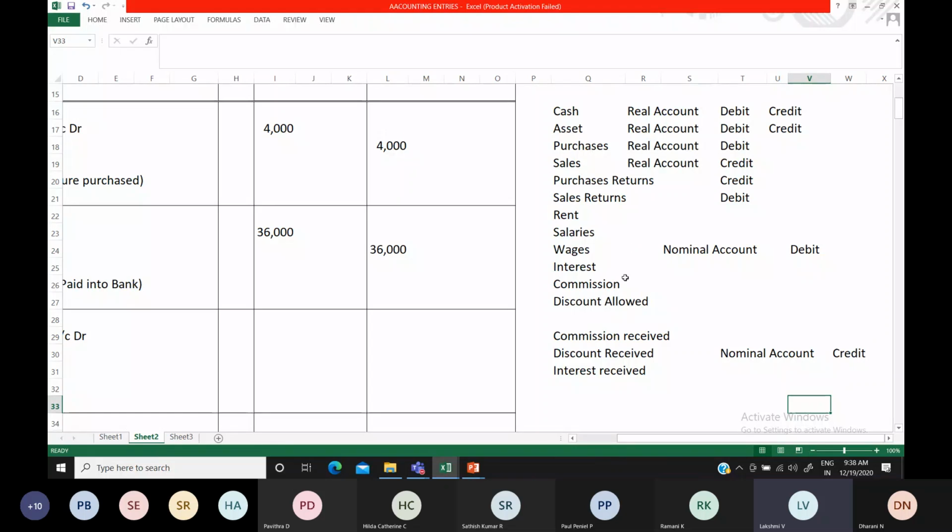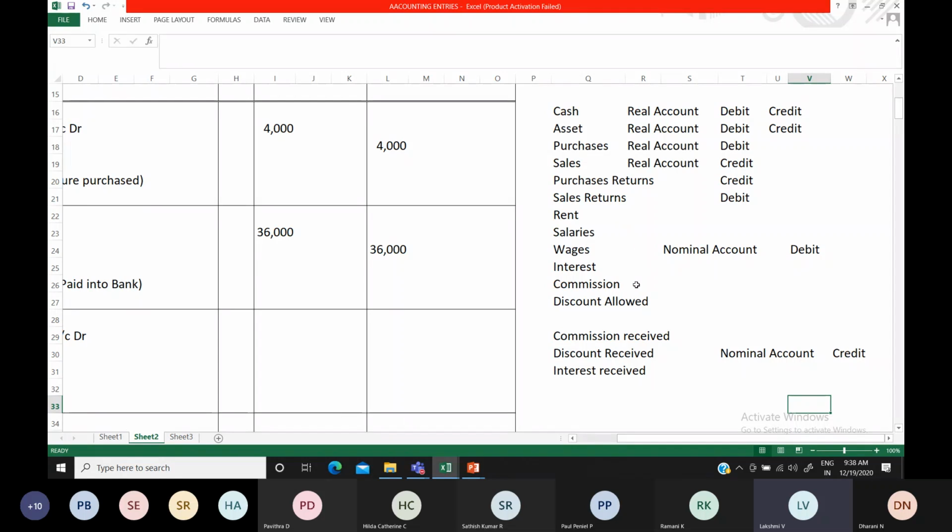Unless otherwise, check if they have mentioned only bank account, you will be using that, or else you will be using cash account. Paid salaries, they give. Then what you have to do: salaries account debit, to cash account. Why cash account? Because cash goes out when we pay, so we have to use cash account.